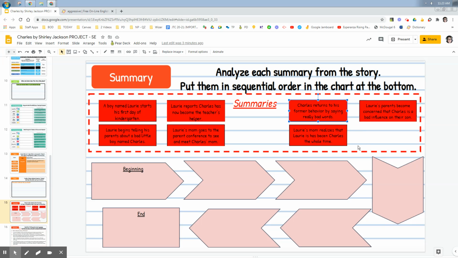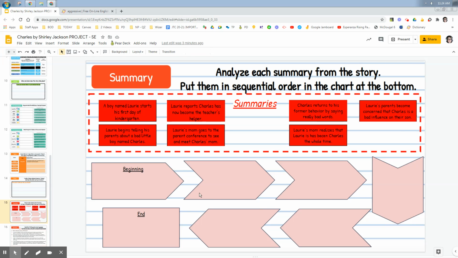This one over here says, Charles returns to his former behavior by saying really bad words. This one says, Lori's mom realizes that Lori has been Charles the whole time. And this last one here says, Lori's parents have become concerned that Charles is a bad influence on their son.